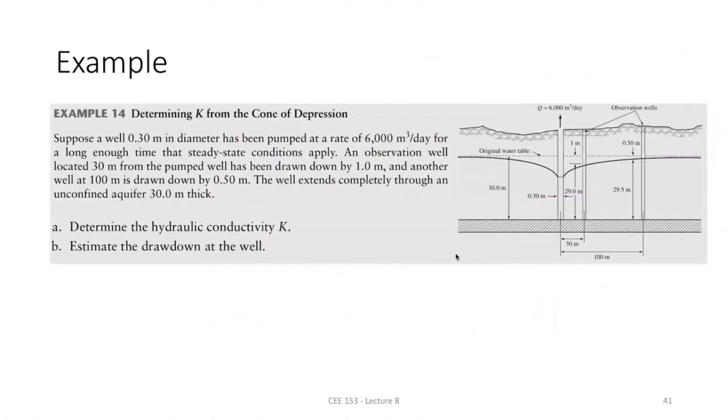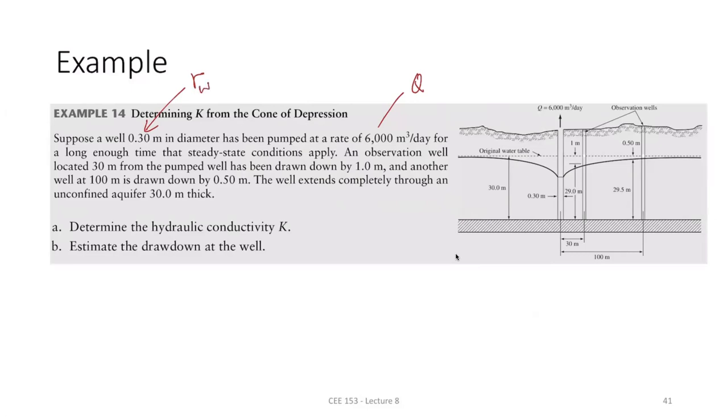Suppose a well of 0.3 meters in diameter has been pumped at a rate of 6,000 cubic meters per day. So this is Q, and this is the pumping well. This is the radius of the pumping well, let's say rw.